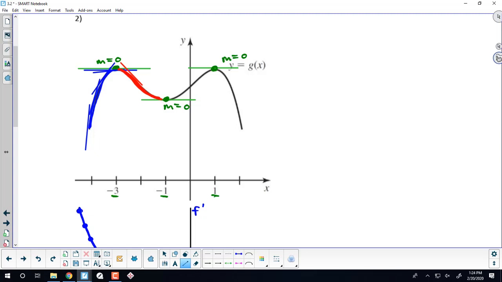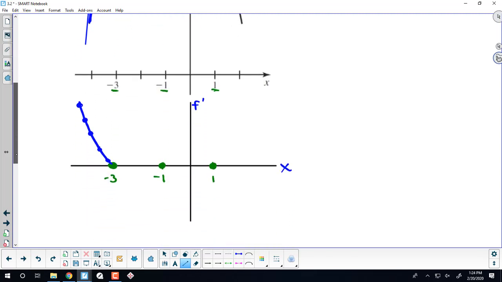Negative. What about the slope right here? A little less negative. How about this slope? A little less, and then it flattens out again. So directly next to that point where the slope is 0, they start off negative, get a little less negative, and approach 0. Again, they approach 0.